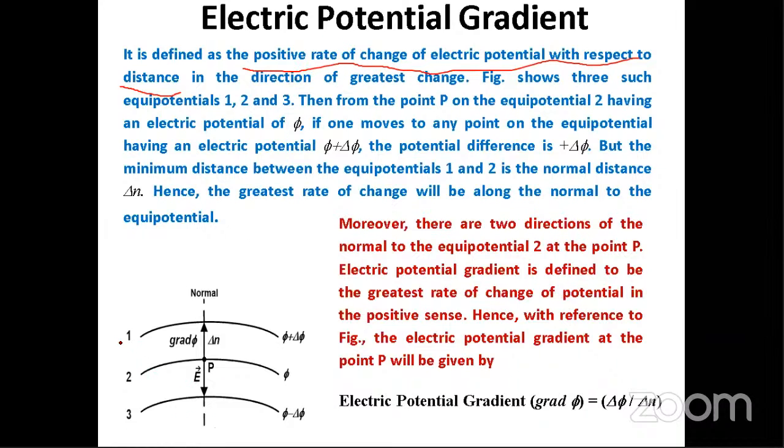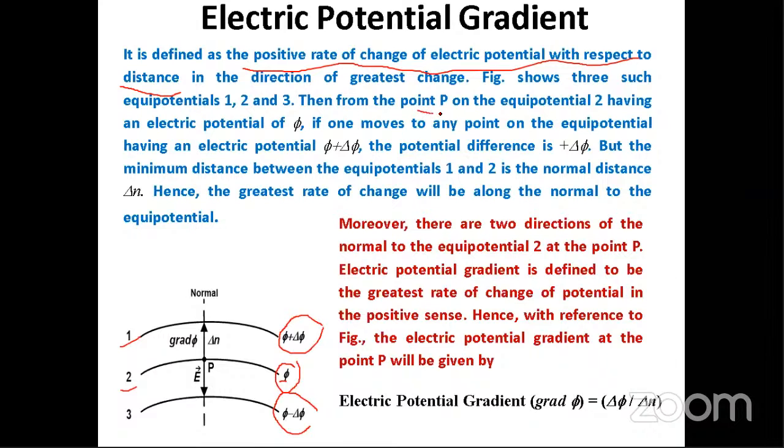It will be clearer if you consider this figure, 3.1 to 3. These are all equipotential lines. The potential of line 2 is phi, the potential of line 1 is phi plus del phi, just slightly higher, and the potential of line 3 is phi minus del phi. Now, if anyone travels from 2 to 1, they move from lower potential to higher potential.